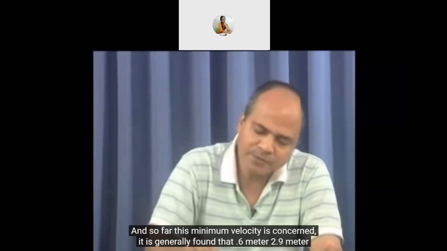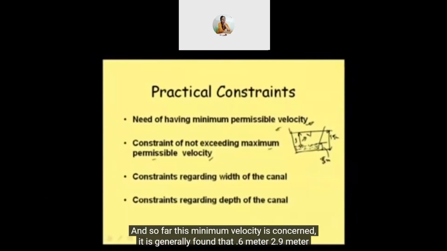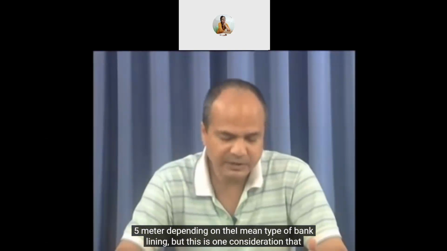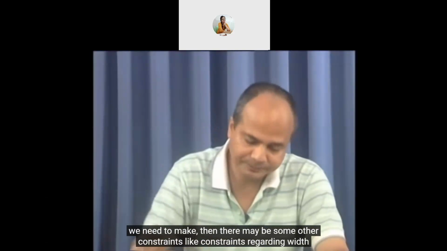And so far as minimum velocity is concerned, it is generally 0.6 meter to 0.9 meter per second. On average, generally 0.7 meter per second can be considered as the minimum velocity. But maximum velocity we can go to say 4 meter, 5 meter, depending on the type of bank lining. But this is one consideration that we need to make.